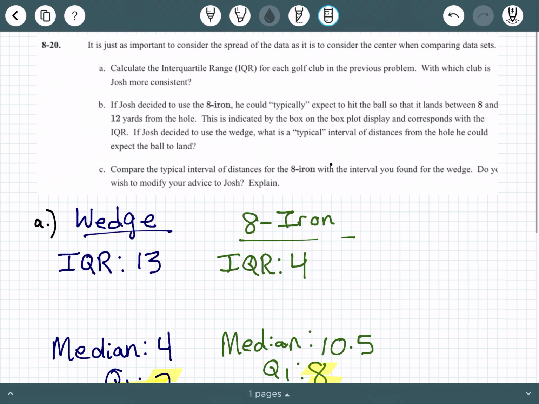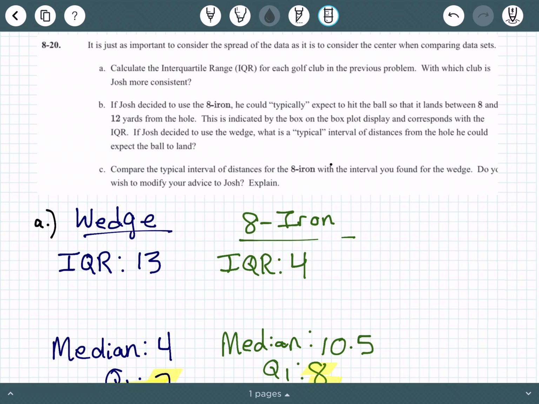And part C tells us to compare the typical interval of distances for the 8 iron with the interval you found for the wedge. Do you wish to modify your advice to Josh? Explain. So basically what they're saying is, now that we're talking consistency and which is more consistent, we did actually touch on this a little bit in the last problem at the end. Do we want to advise Josh to use a different iron?